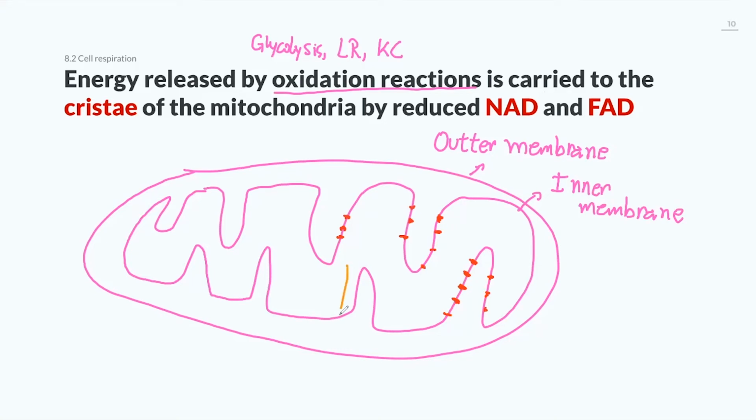These folds are called cristae. 1 crista, 2 cristae. So these cristae are there so you have a larger surface to volume ratio of the inner membrane, so you can have more of these proteins that carry electrons in the electron transport chain.